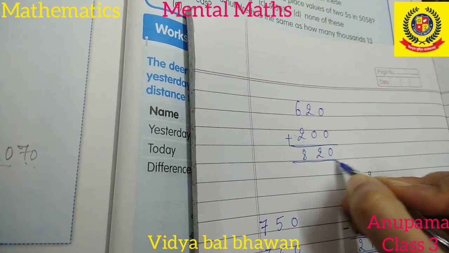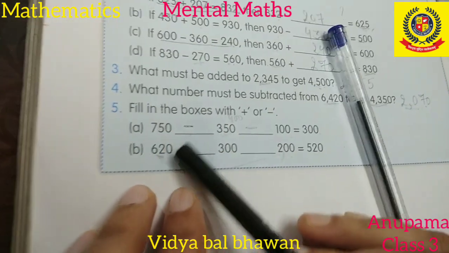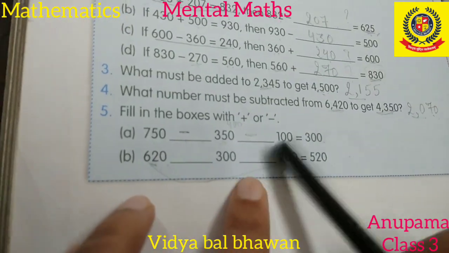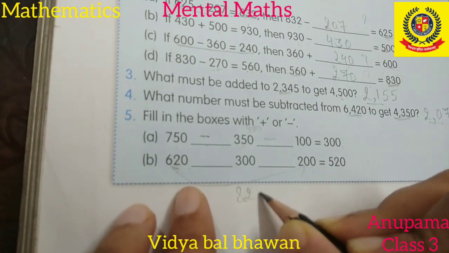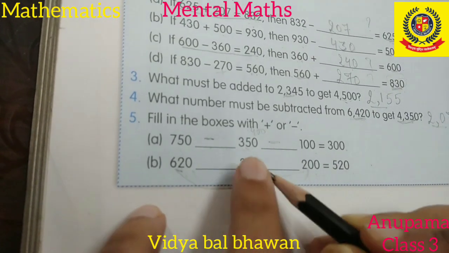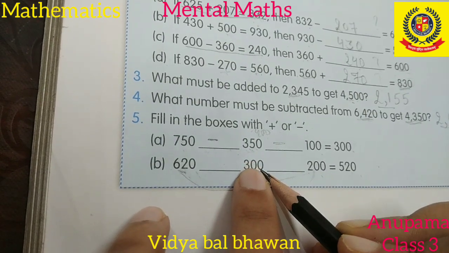So write 8, 820. Okay. Now when we add 620 plus 200, we get the answer 820. Okay. Now 820 minus 300, what we will get?